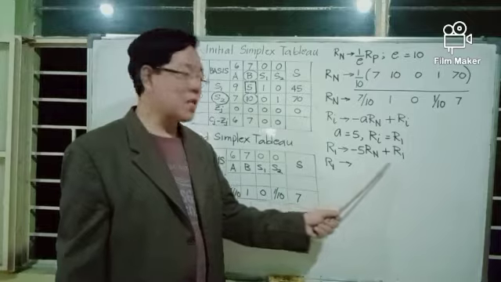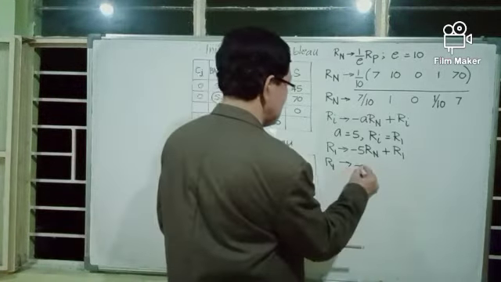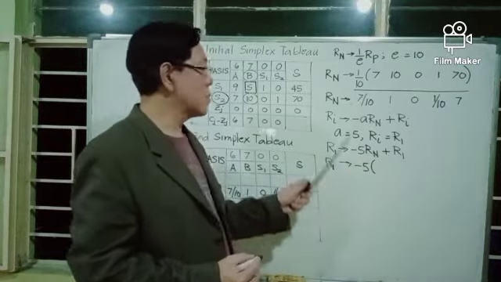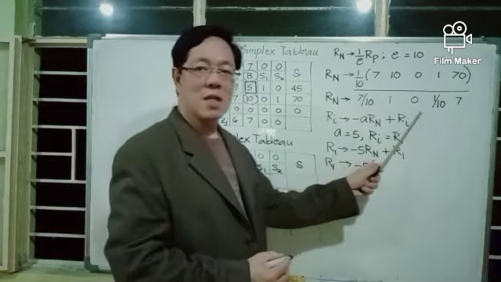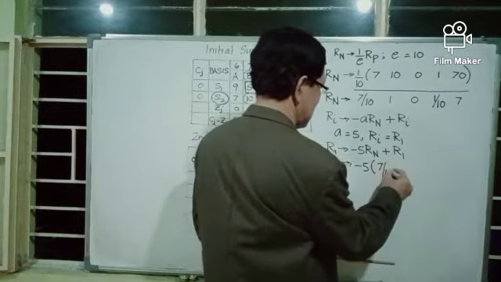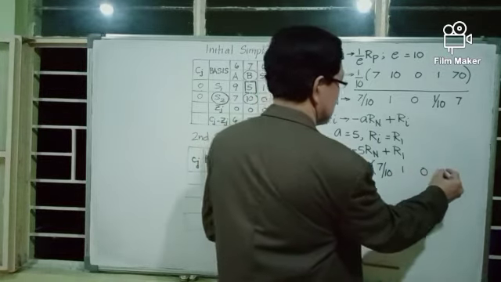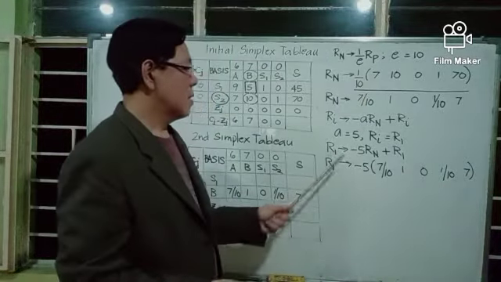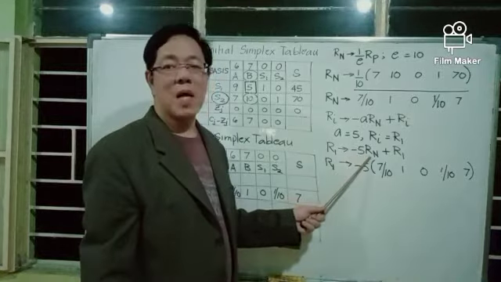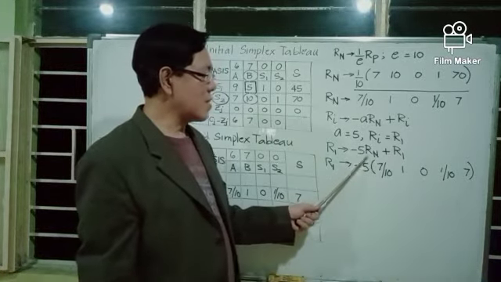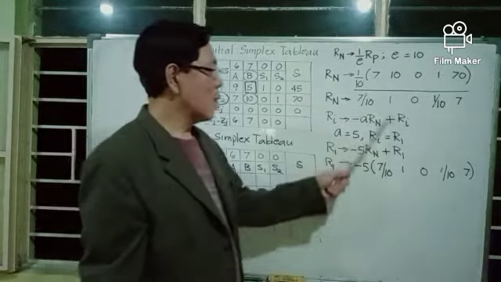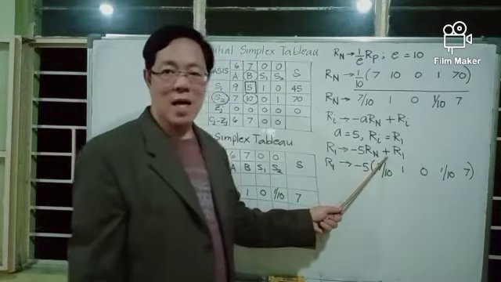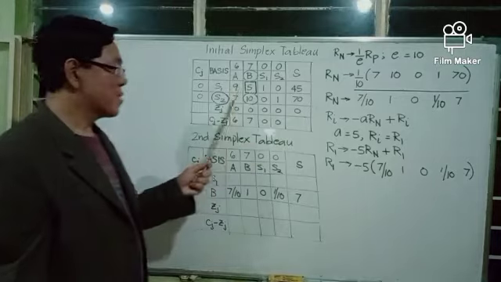We perform this operation: negative 5 multiplied by the entries of the new pivot row, R sub n, which are 7 over 10, 1, 0, 1 over 10, and 7, plus the entries of row 1 in the preceding simplex tableau.